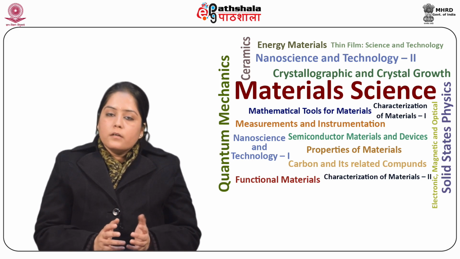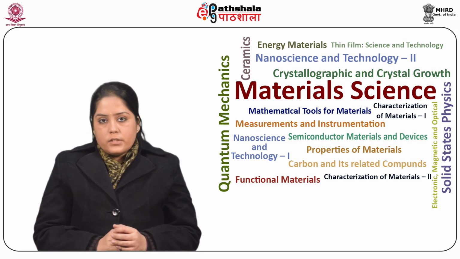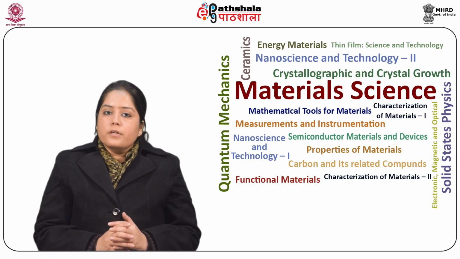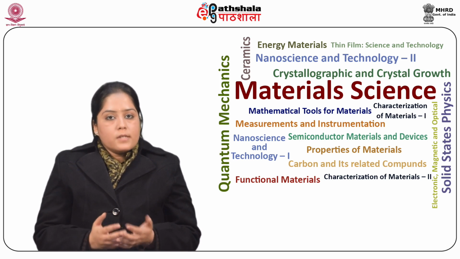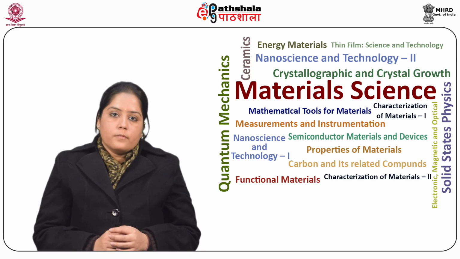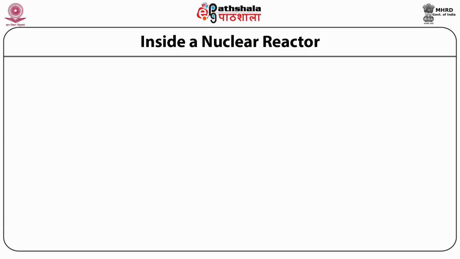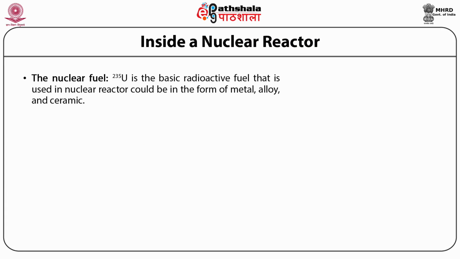A schematic of a simple nuclear reactor is shown in the figure, in which there are several important components which are being discussed as follows. Inside a nuclear reactor, the nuclear fuel 235U is the basic radioactive fuel that is used in a nuclear reactor, and could be in the form of a metal, an alloy, or a ceramic.